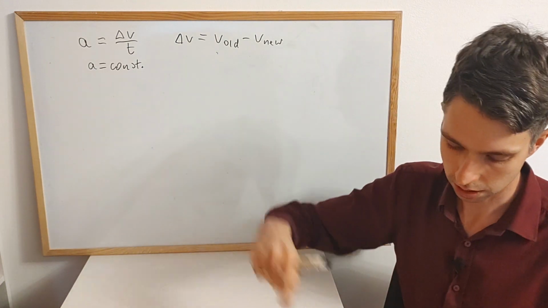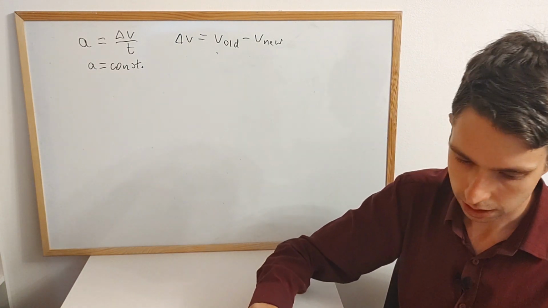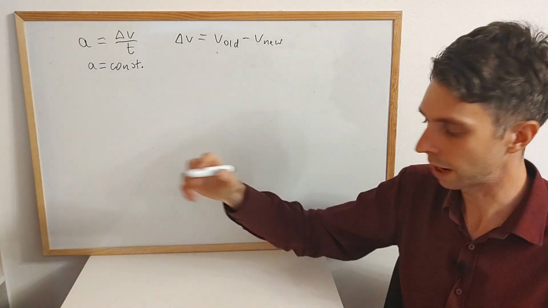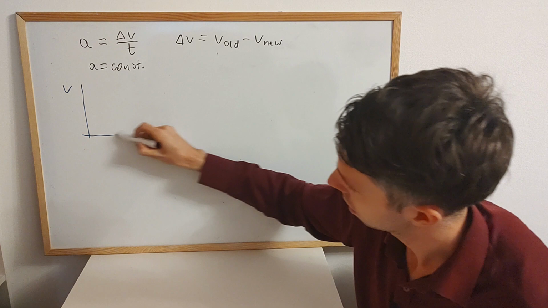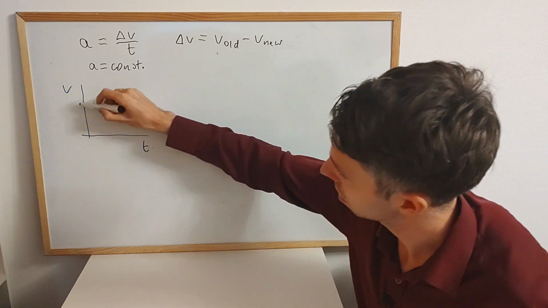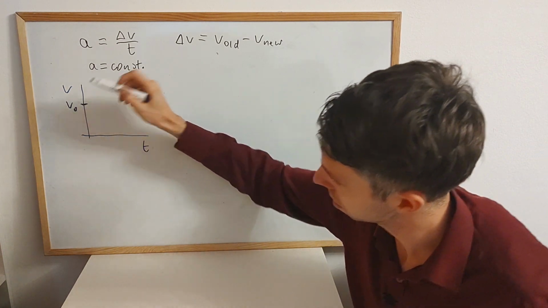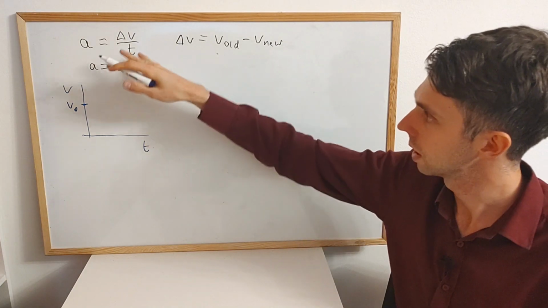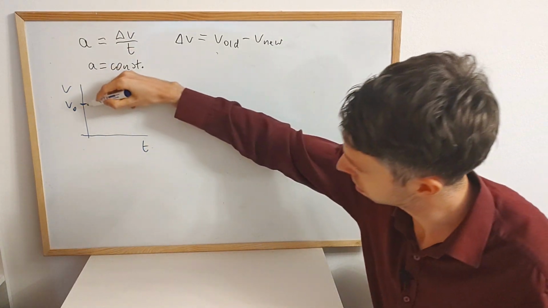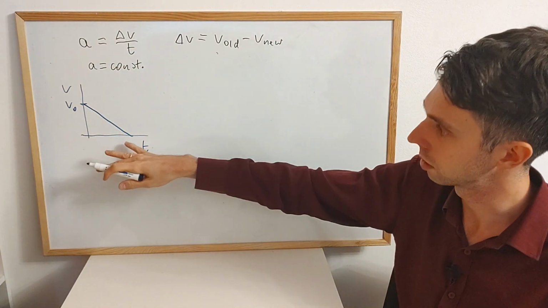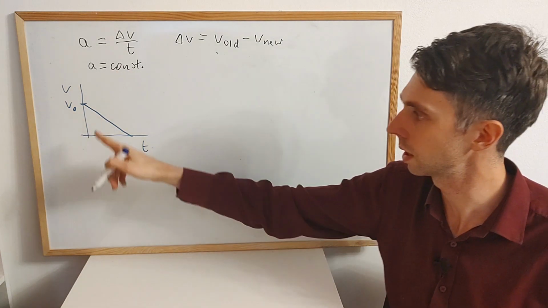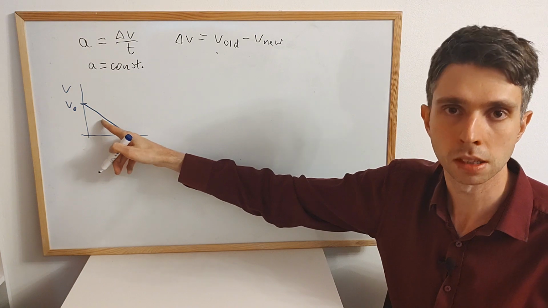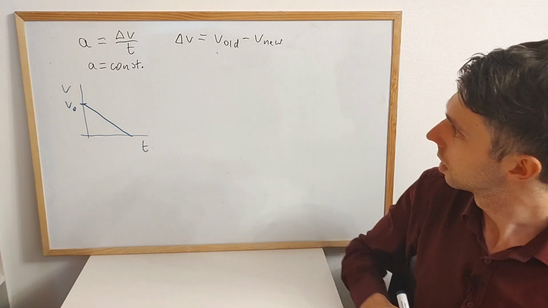So a is constant. So how do the graphs look? So speed versus time. So let's say we have some initial speed, and if you slow down to 0, it looks like this. For the uniformly decelerated motion, this is again a straight line.